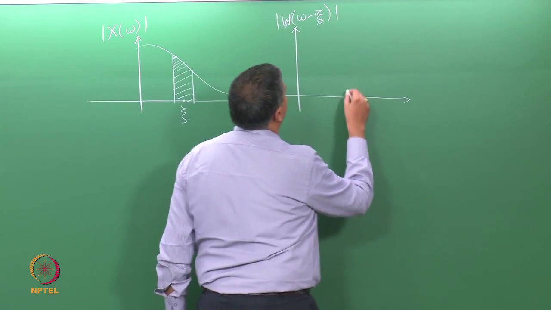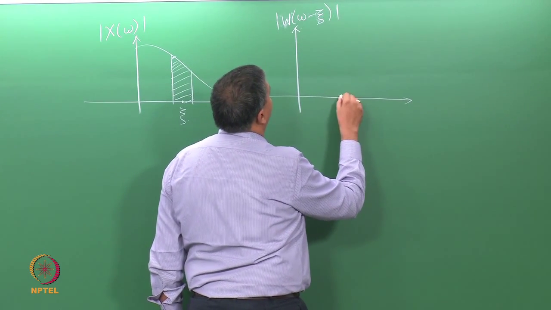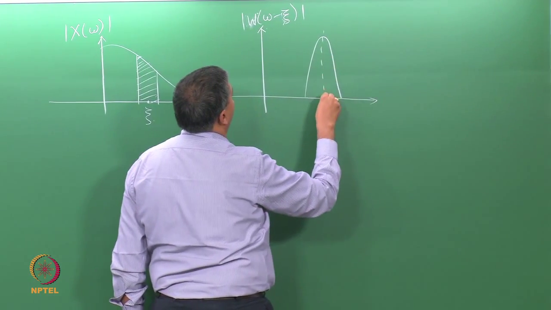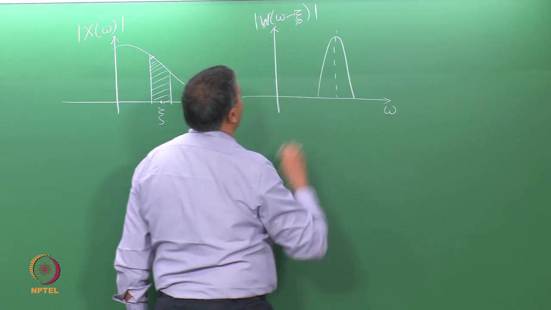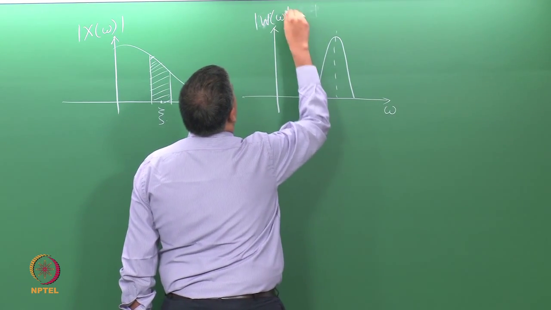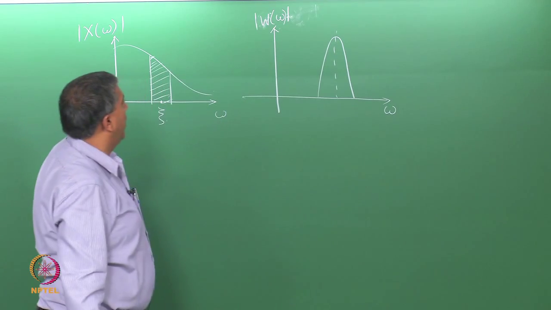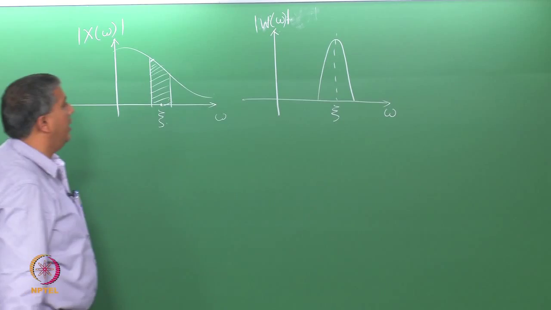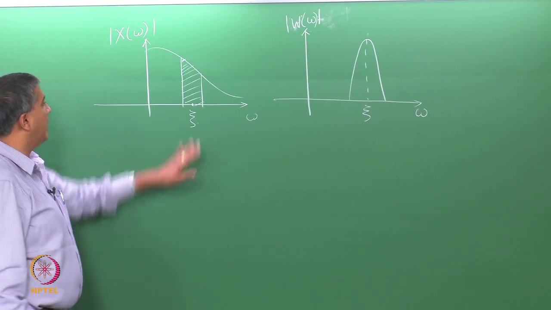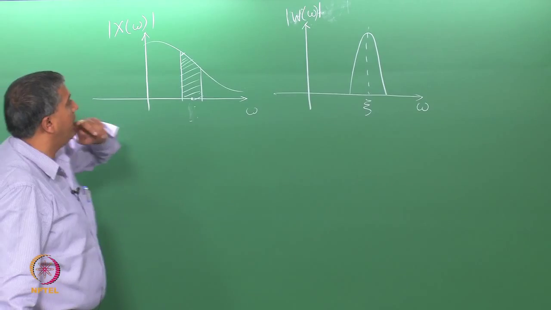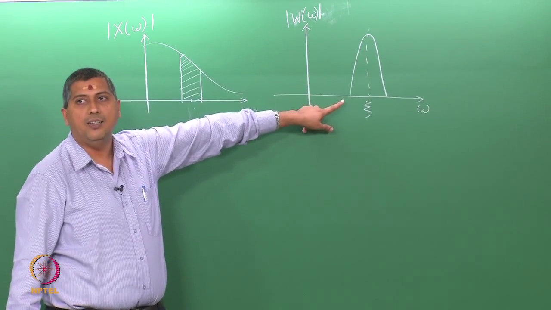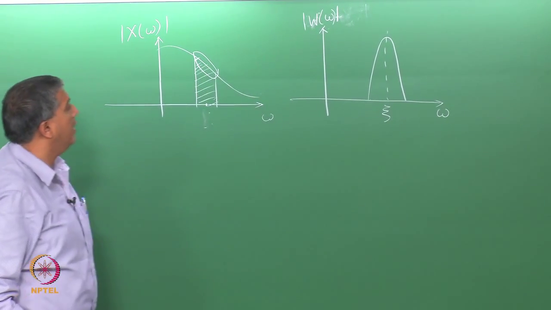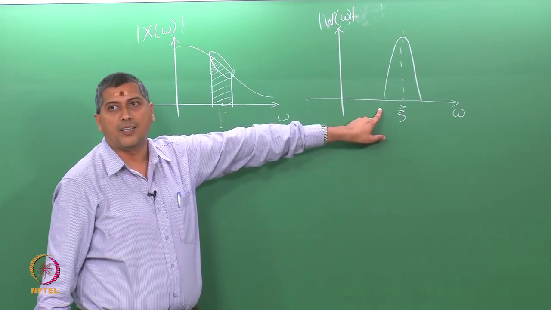As a result, the window function will have some spread in the frequency domain. Let me write the w of omega itself. Let us say it is centered here, it has a center frequency of z. So, this x of omega is being multiplied with w of omega minus z, as a result of which I am not going to exactly get the local features of x of omega, it is going to be distorted by this factor.